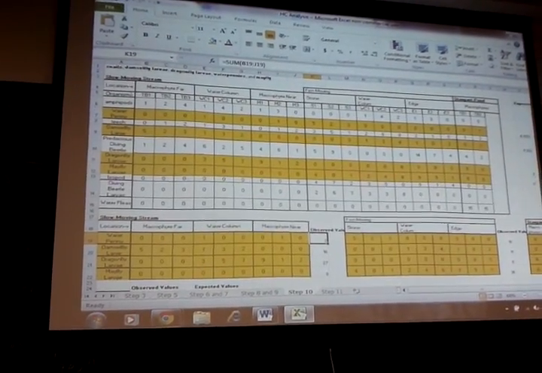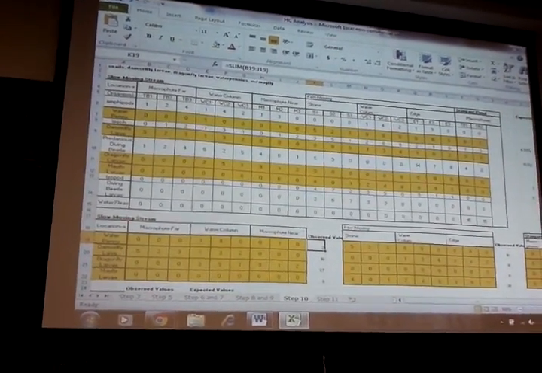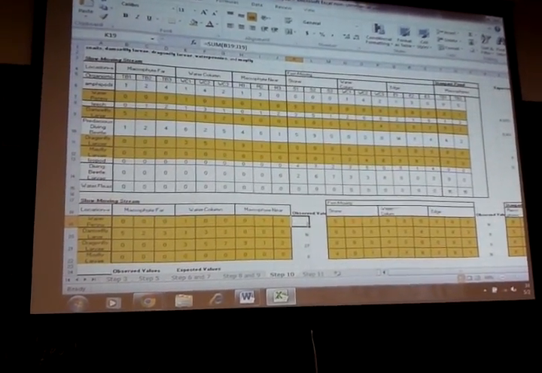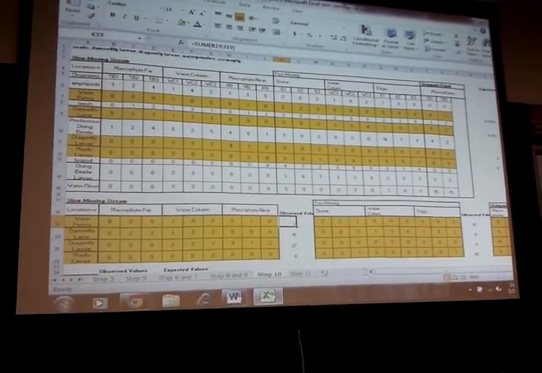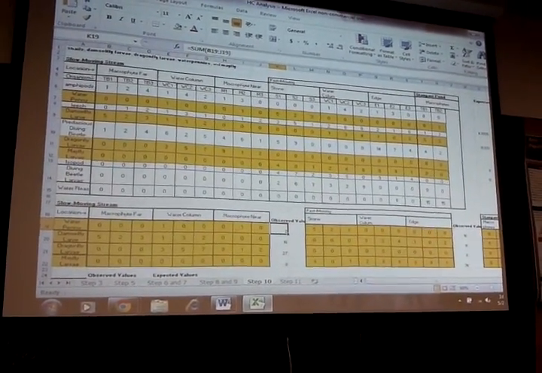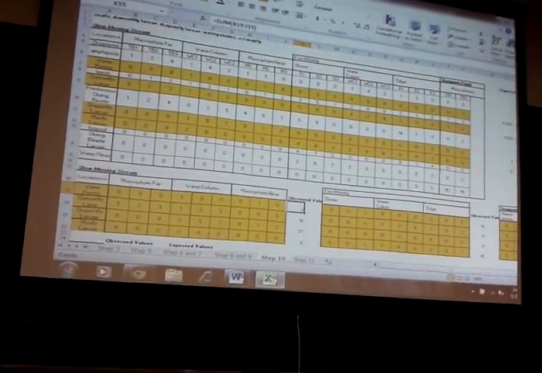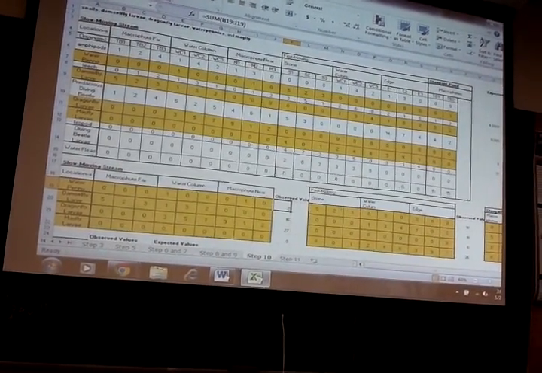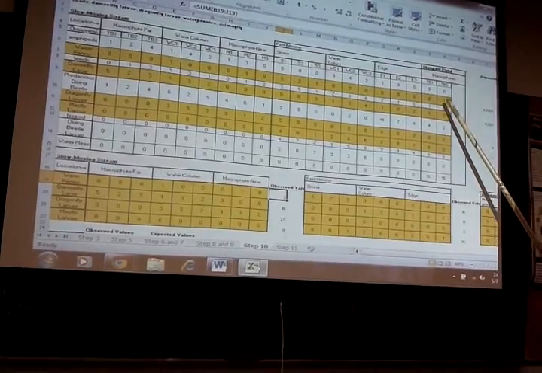And then in the goodness of fit, you can calculate your expected values and see how much it differs. So here, we're going to calculate our expected values and do comparisons for snails, damselfly larvae, dragonfly larvae, water pennies, and mayfly. Okay? So you just want to focus on those individuals, and that's why they're highlighted.